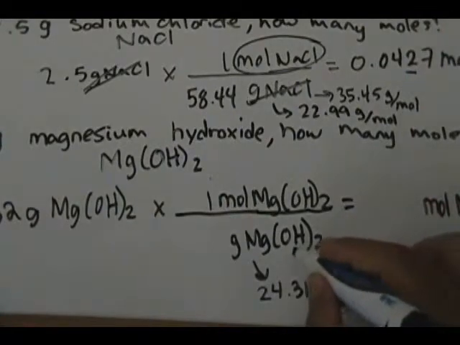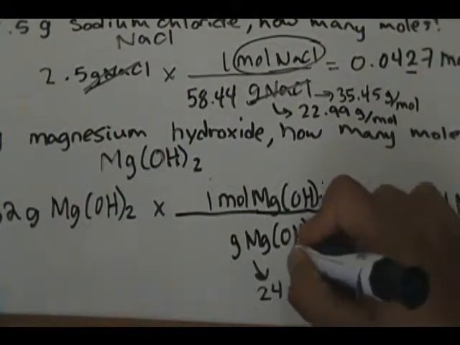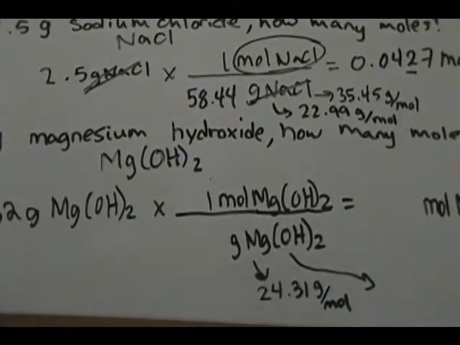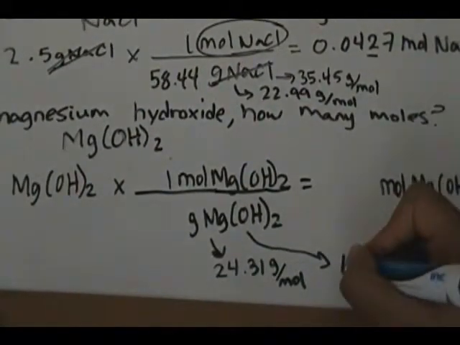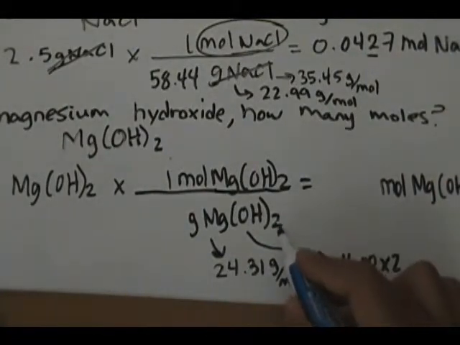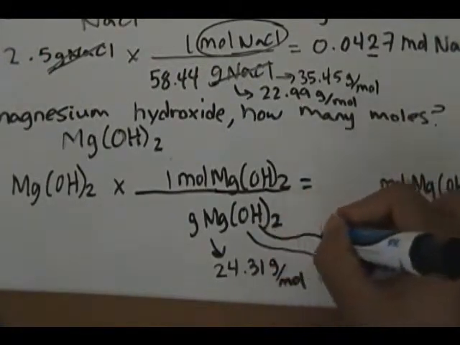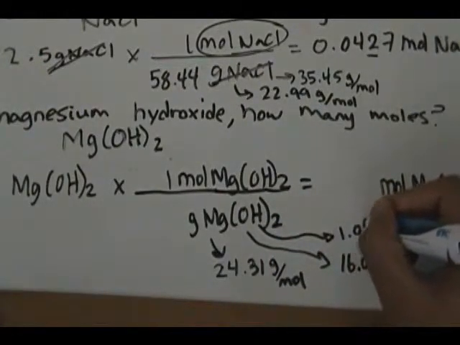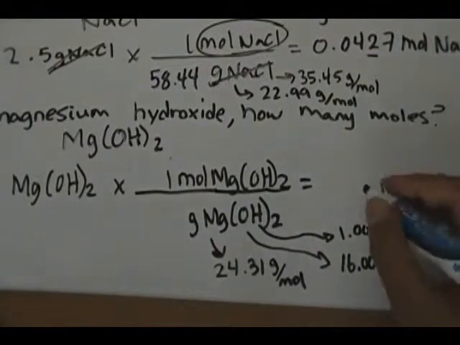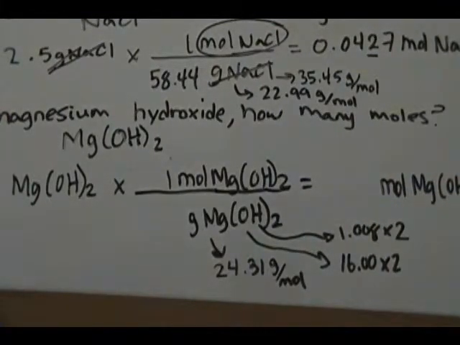So for oxygen, I'll show you guys right here, it will be 16.00 times 2 to account for that 2 right there, right? And for hydrogen, it will be 1.008 times 2 as well. Again, this will be in grams per mole.